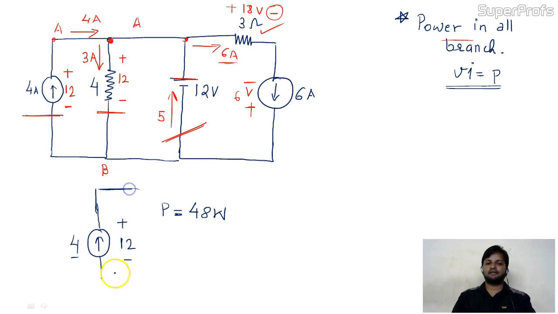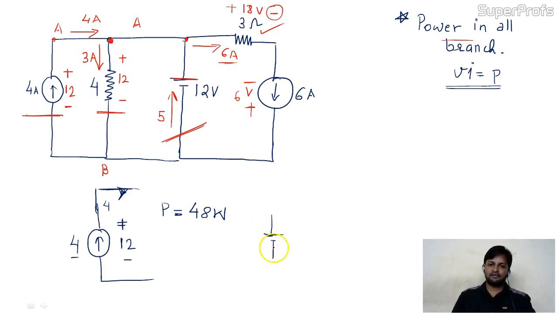If you have a 12 volt battery, the direction of current will be from the positive terminal to the negative terminal. So the current direction is this way. So this is the delivered power.